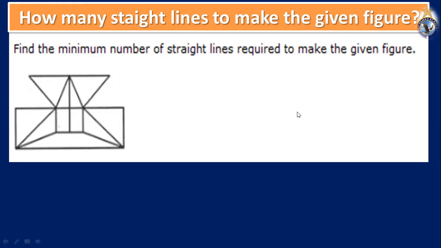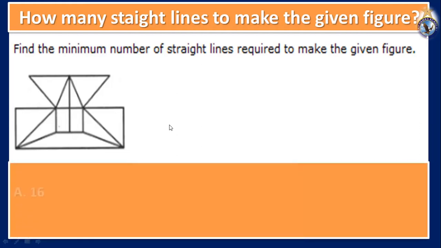So how many lines? 18. 18 lines. So you have counted 18 lines. Anyhow, let's see. The options are given. The first option is 16 lines.